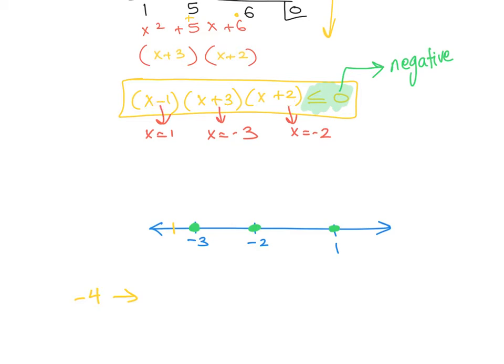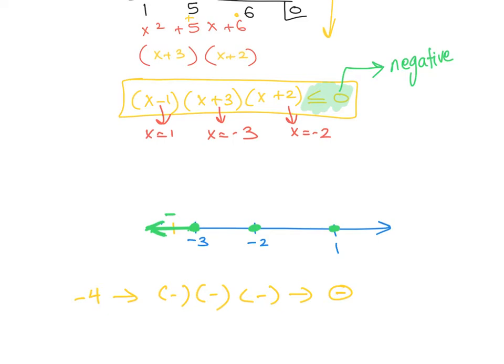Negative 4 minus 1 gives me something negative. Negative 4 plus 3 gives me something negative. And negative 4 plus 2 gives me something negative as well. Negative times negative times negative is a negative. So any number that I take less than negative 3 will give me a negative result. That means I need that part of the number line. That's going to be part of my solution.